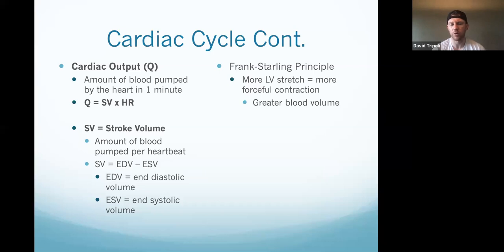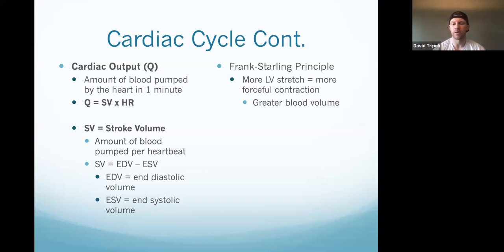How do you calculate stroke volume? EDV minus ESV, so end diastolic volume minus end systolic volume. At the end of your filling, however much blood fills it would be your total volume there. And then after it contracts, how much of that volume is left in the heart, because you never really get all of it out of the heart.